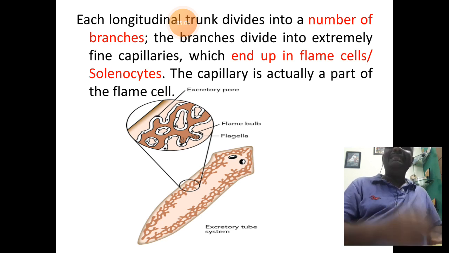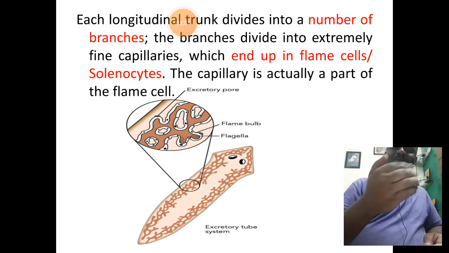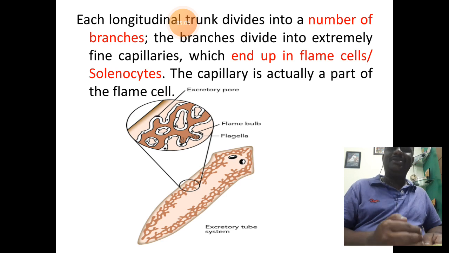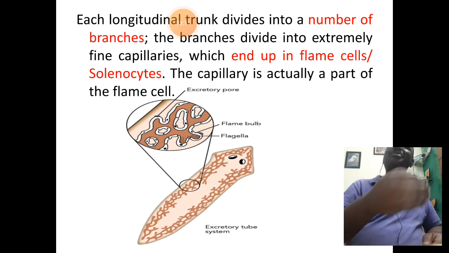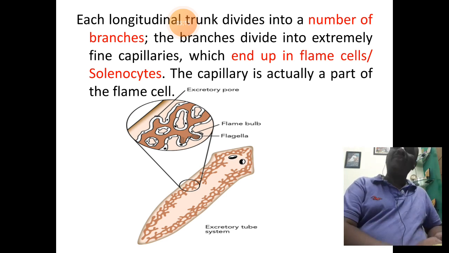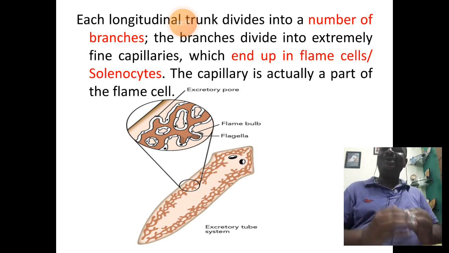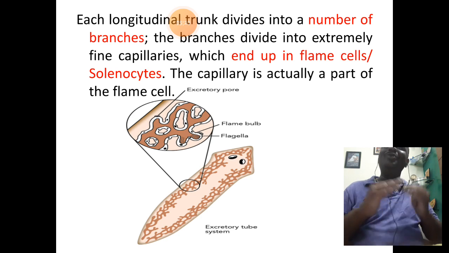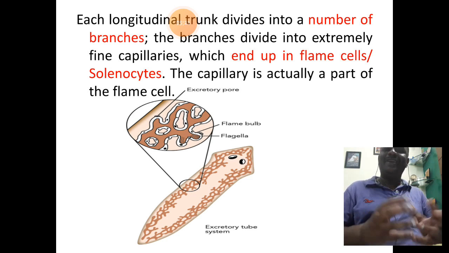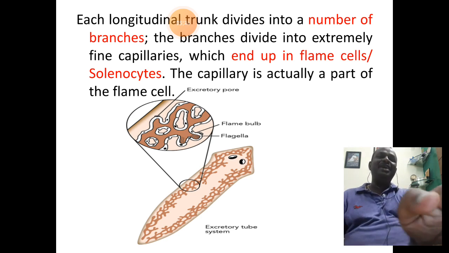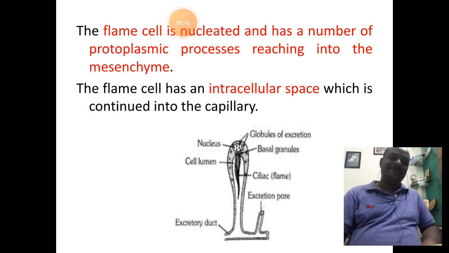Students, remember, these structures called flame cells or solenocytes are the actual structures which are involved in removal of the excretory waste from the mesenchyme cells. So hence the actual part of the excretion or the units of the excretory system are these flame cells or solenocytes.